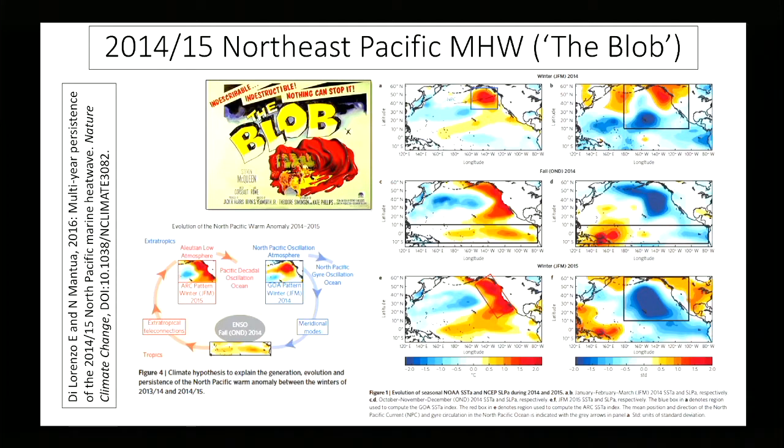So he schematized this in terms of North Pacific oscillation forcing the upper ocean, generating a North Pacific gyre oscillation type pattern, which he talks about in his papers, if you ever read any of Di Lorenzo's papers, that actually connected through what they call meridional modes.